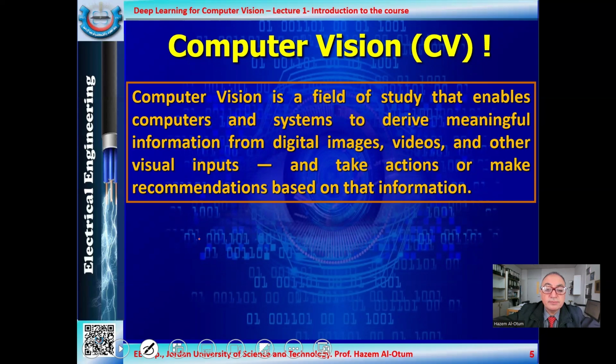Our objective is to work on algorithms that give a decision, action, or recommendation based on the visual information received and processed further by computer programs or apps without the intervention of humans.